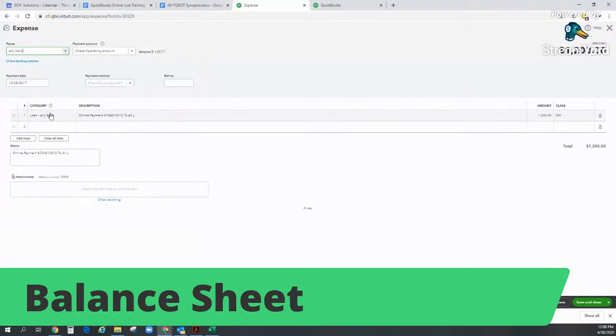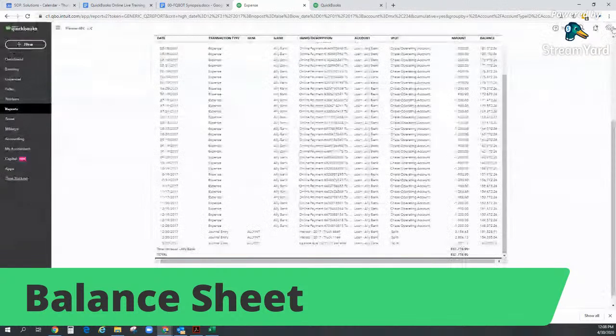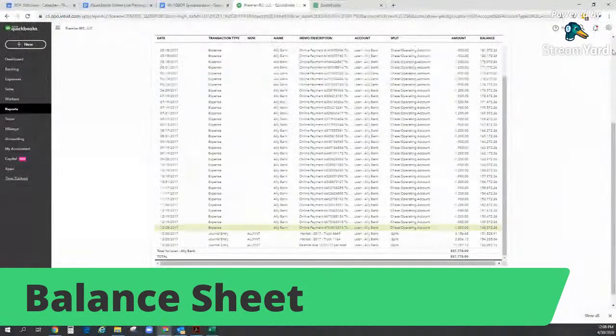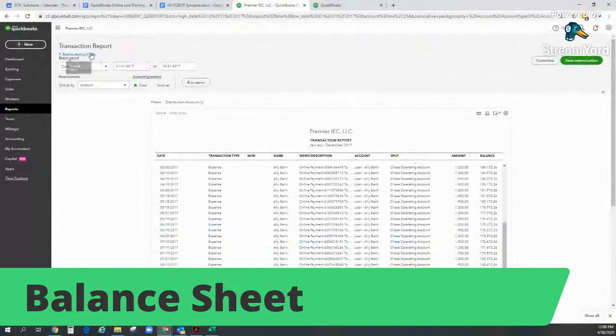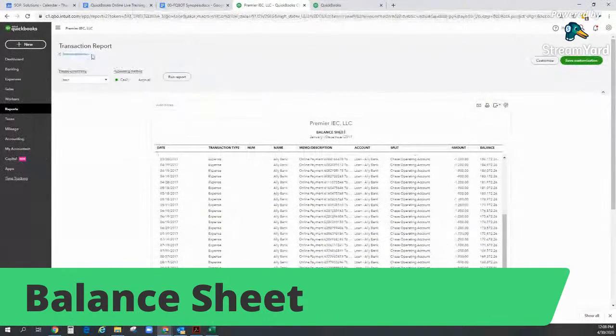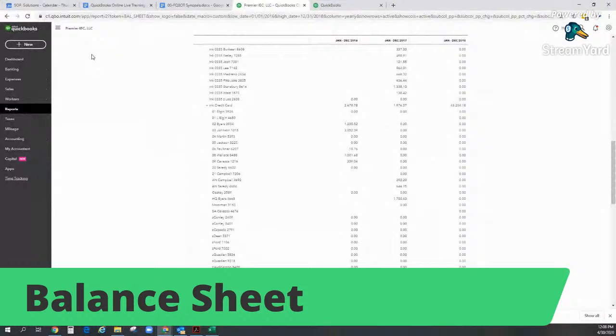It's not going to my profit and loss. I do not deduct fixed assets. I do not deduct payments to my loans. When I deduct something, I put it on my profit and loss.